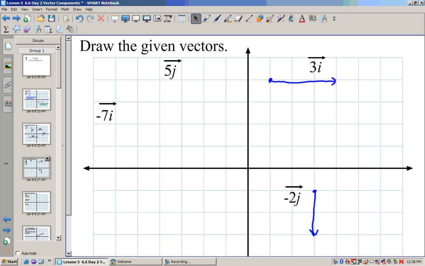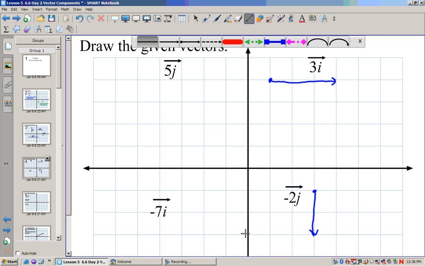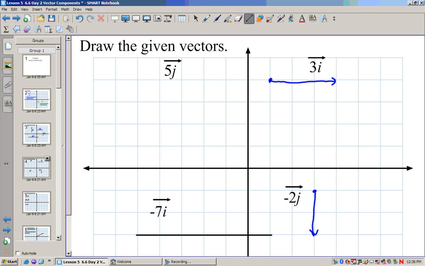Negative 7I, I'll bring here, and I'll start here and go 1, 2, 3, 4, 5, 6, 7. And I need an arrow at the end. So that's negative 7I. And 5J, I could start here and go up 1, 2, 3, 4, 5. And this could be considered 5J.